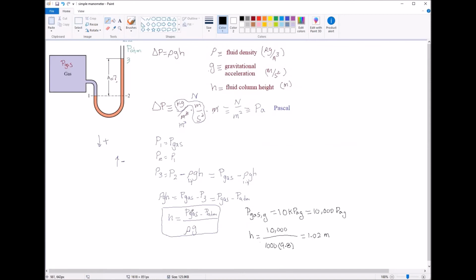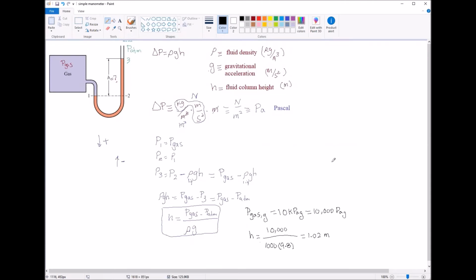Notice that in this equation I did not subtract atmospheric pressure from the given gas pressure because the gas pressure was already given as gauge. So the atmospheric pressure has already been subtracted from it.